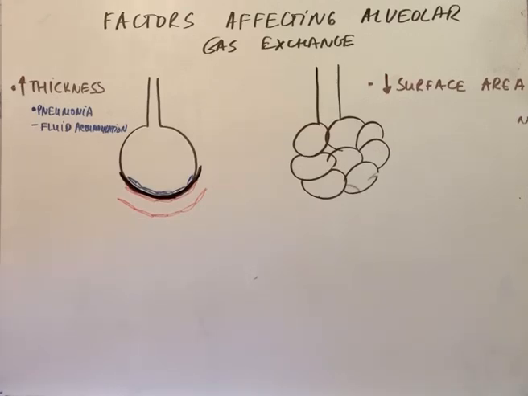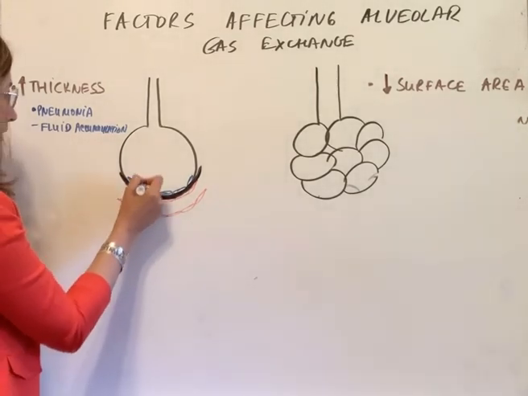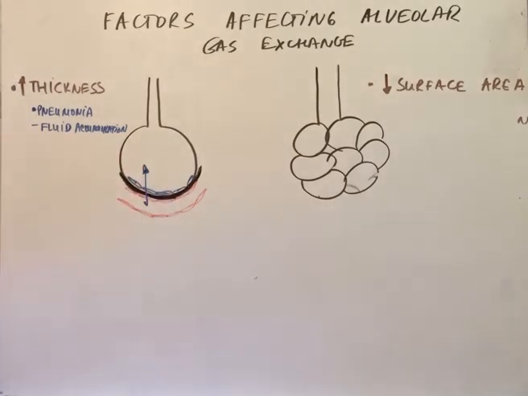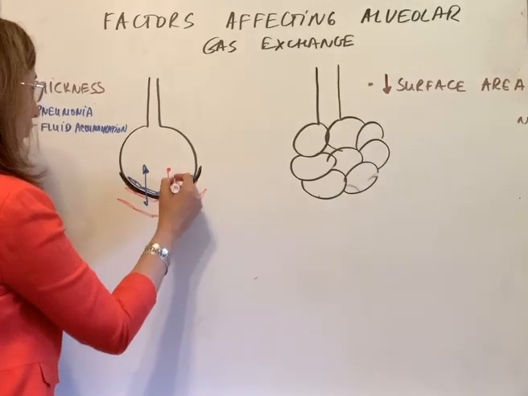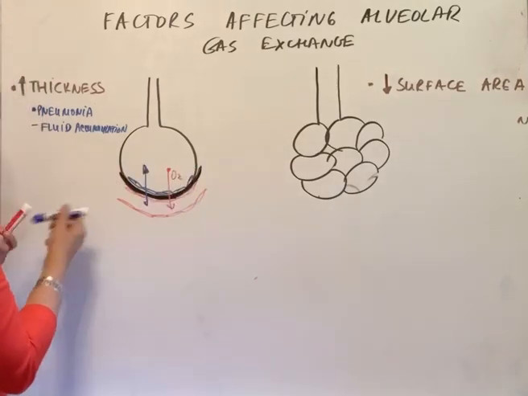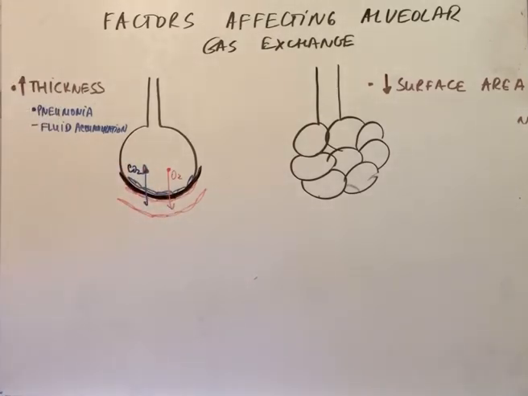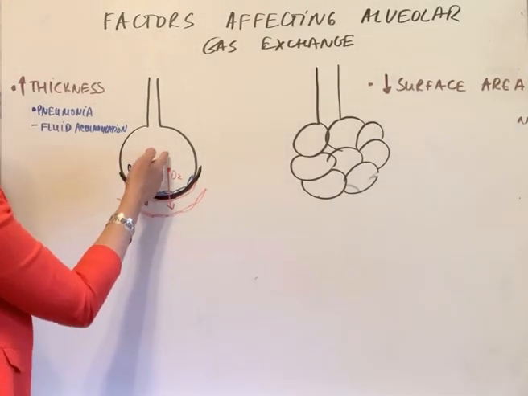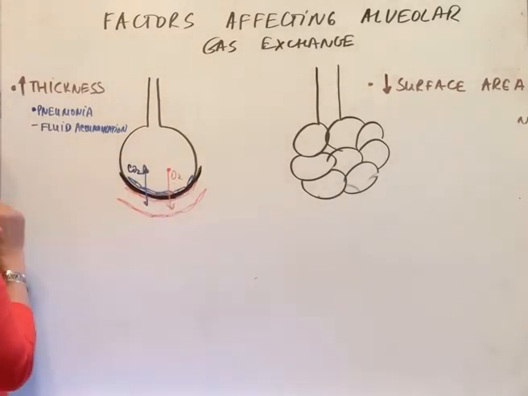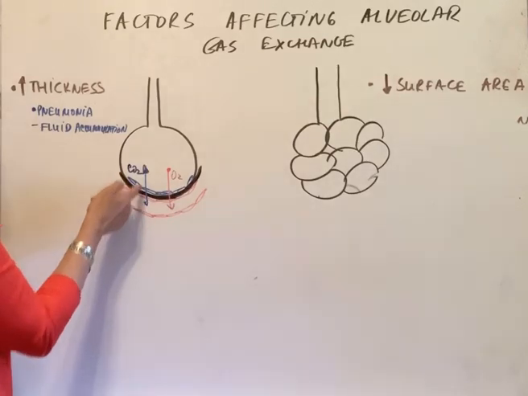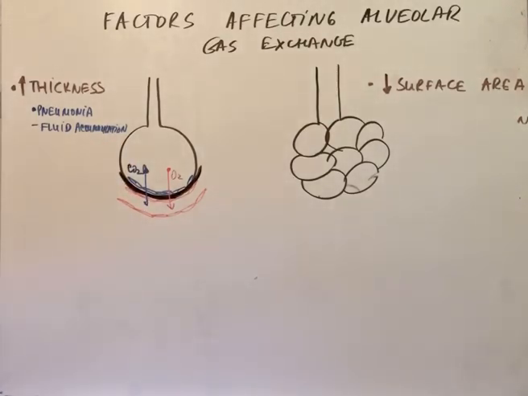So how is that going to affect gas exchange? We know that in the alveolar gas exchange, CO2 is unloaded and oxygen is loaded. But now the respiratory membrane has become thicker, and what that means is that less oxygen is going to diffuse into the blood and less carbon dioxide is going to diffuse out.